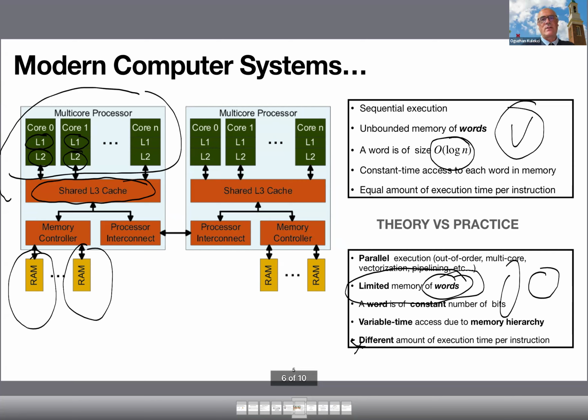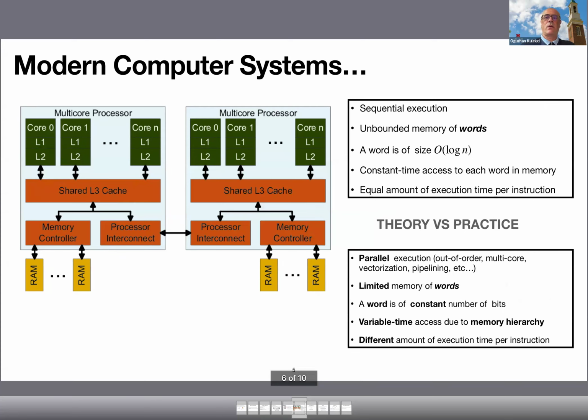A multiplication is not equal to an addition. These have different timings, but for the sake of easy understanding, in the theoretical model we assume that all are the same.